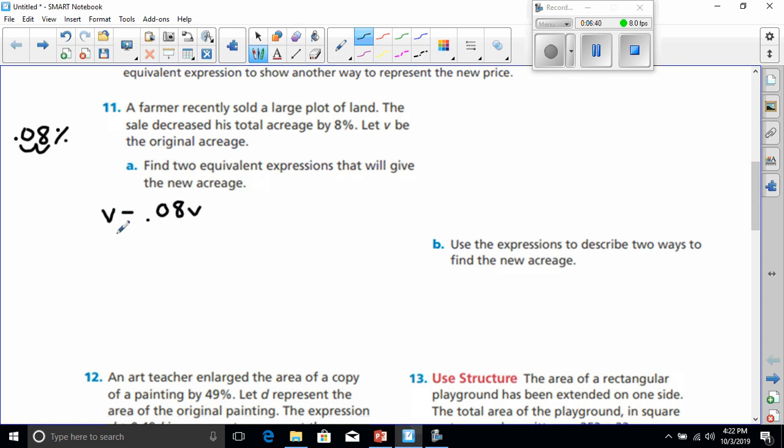That's one expression. The next one, I could say, well, let's solve this. Remember, there's a 1 in front of every V. So 1V minus 0.08V. Both of these are like terms, so I can say 1 minus 0.08.